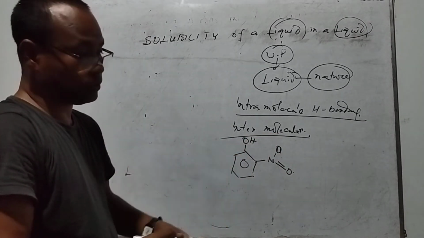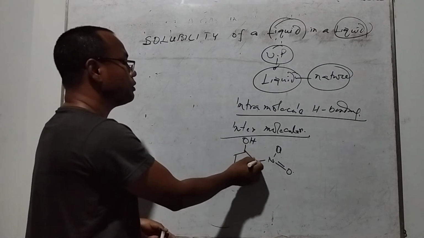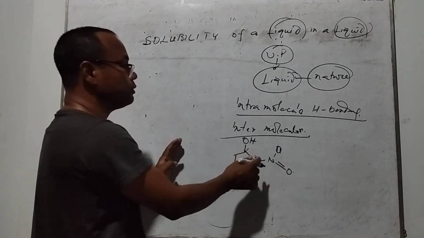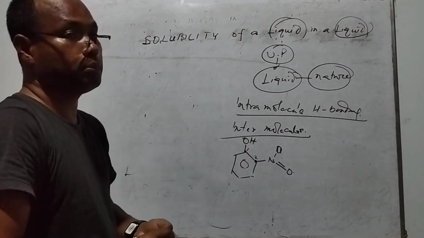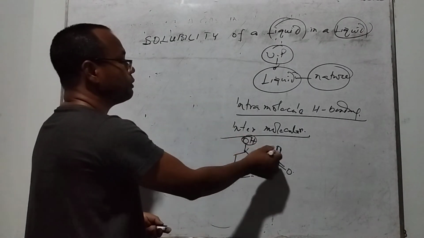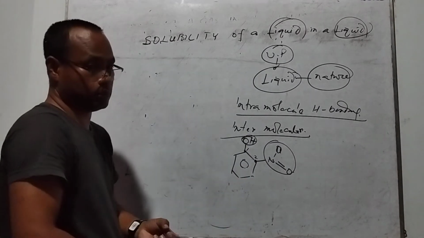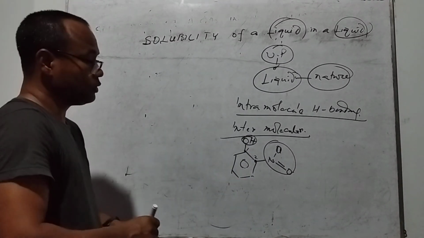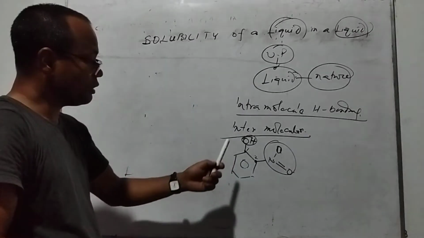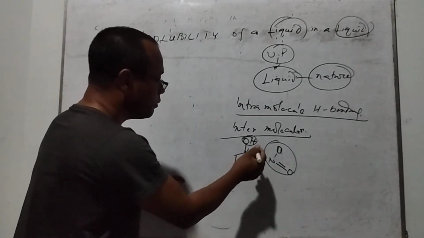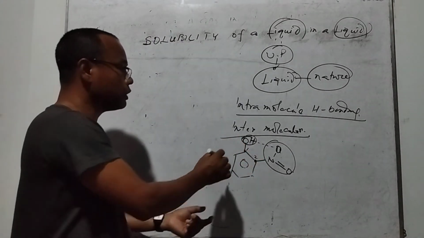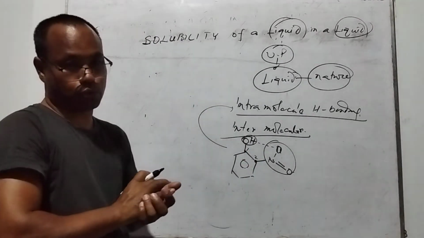This is the OH group. This is a carbon, and this is a carbon. So what position? The 1,2 position. At the 1,2 position, this OH group and this NO2 group are in what we call the ortho position, right? At the ortho position, this hydrogen can be bonded with this oxygen. That type of bonding is what we call intramolecular.